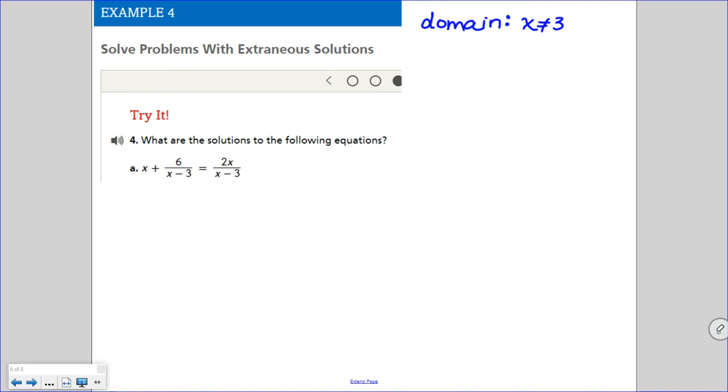Now, let's multiply everything by the least common multiple, the LCM, for the denominators. The first denominator is x minus 3, so my LCD is going to be x minus 3. I'm going to multiply both sides by x minus 3.